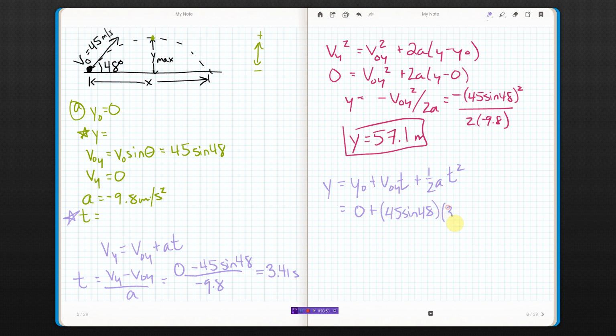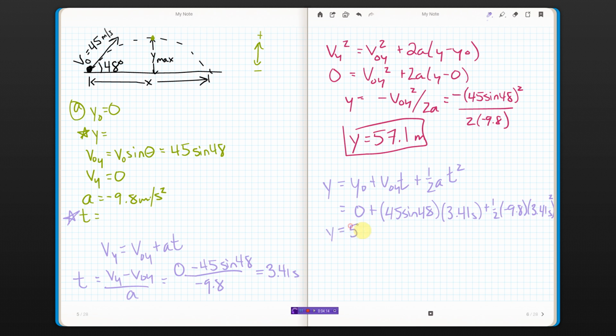Time is 3.41 seconds. Plus 1/2 times negative 9.8, and 3.41 seconds squared. Don't forget to square it. In which case, when you put that in your calculator, you still get 57.1 meters.